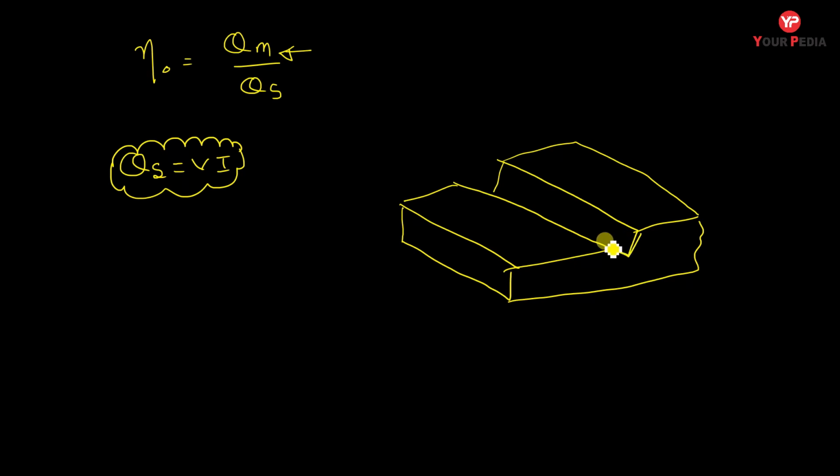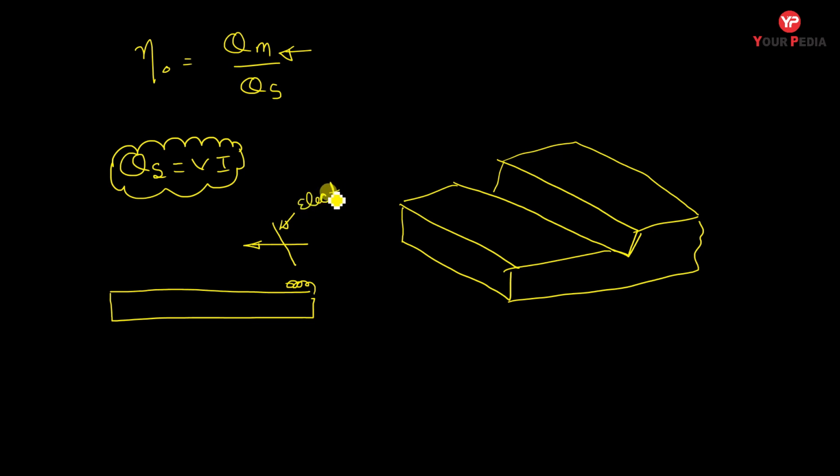This is the weld bead. Now this is basically the length, or if I draw the 2D view of this, so this is the 2D view, and this is the electrode, and the electrode is traveling with some speed s. S is in mm per second.